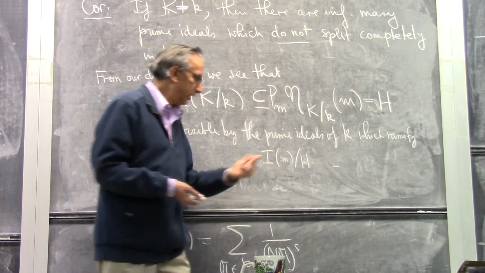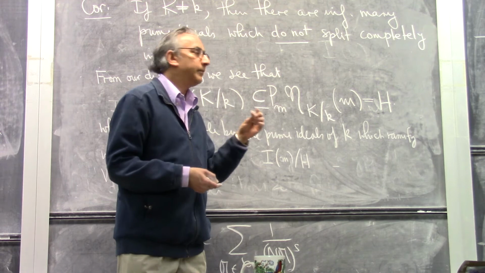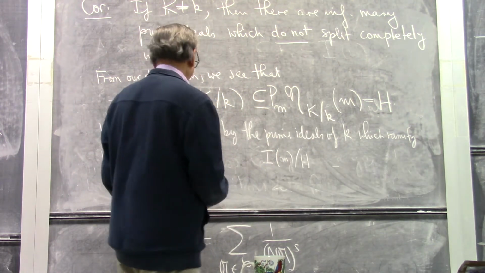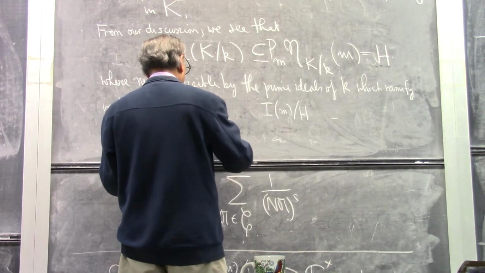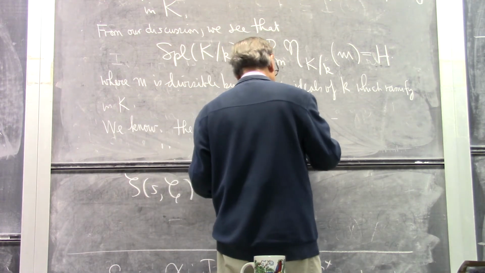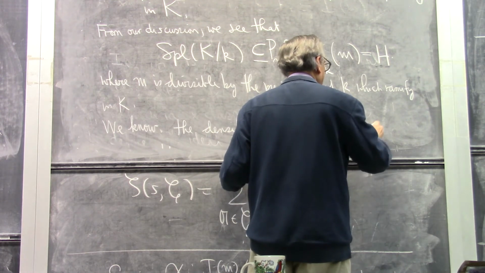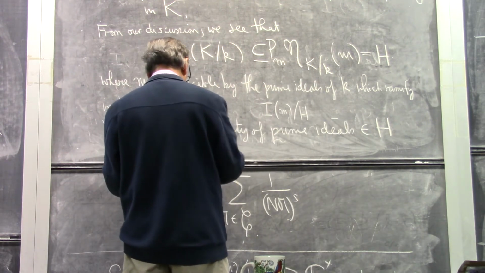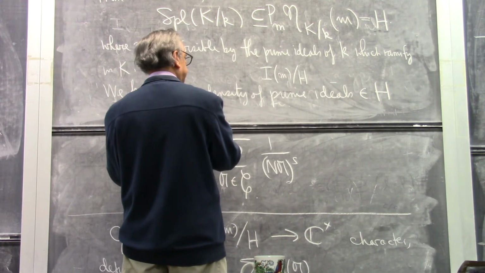Therefore, the collection of prime ideals in this class has density 1 over the order of the group. We know the density of prime ideals belonging to H is 1 over the order of this generalized ideal class group.